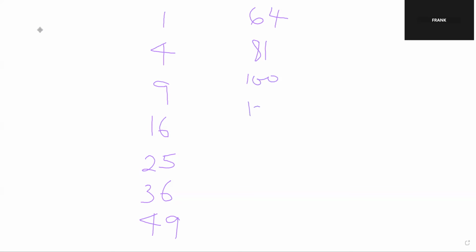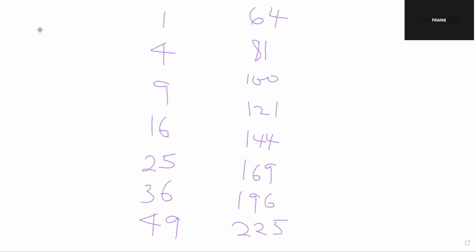11 times 11 is 121, 11th perfect square. 12 is 144, 12th perfect square. 13 is 169. 14 is 196. 15 is 225. 16 is the next perfect square.